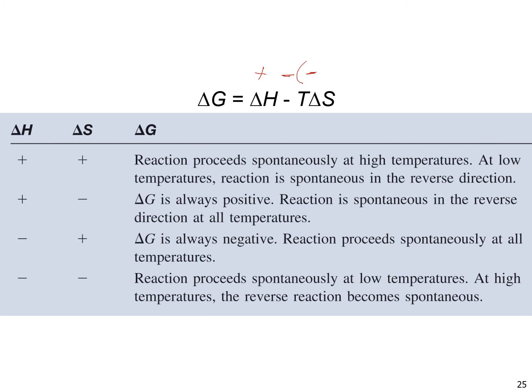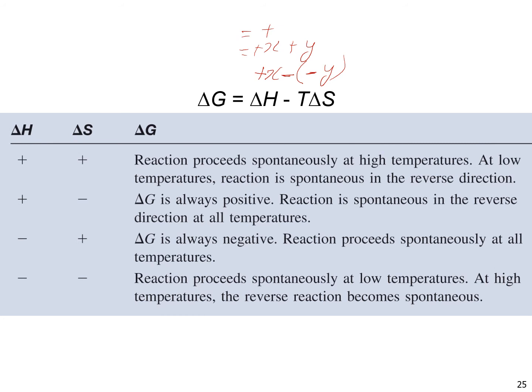So you can assume this is plus X, whatever the value is, and minus T, we don't care. Delta S has a negative value, negative Y. What would this final value come out to be? Plus X, minus minus becomes positive, so that means plus X plus Y, which means this value is always going to end up being positive. You can have any value of X, any value of Y, any temperature.